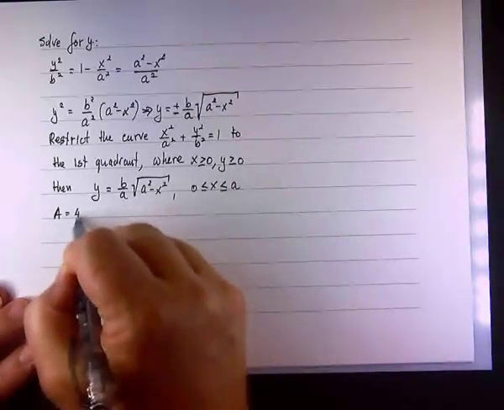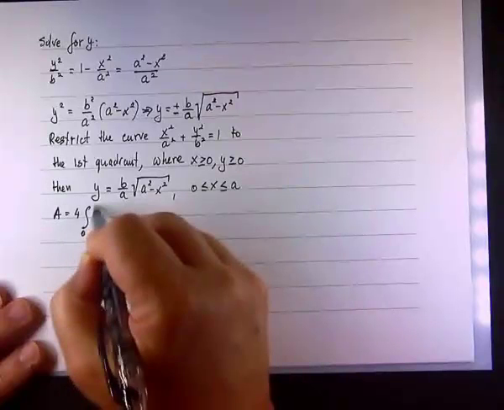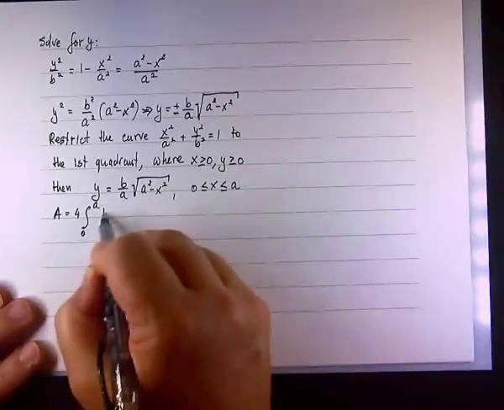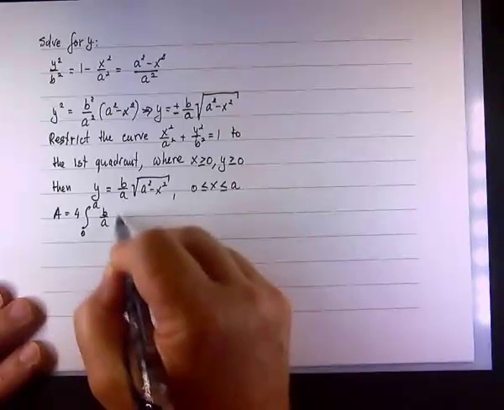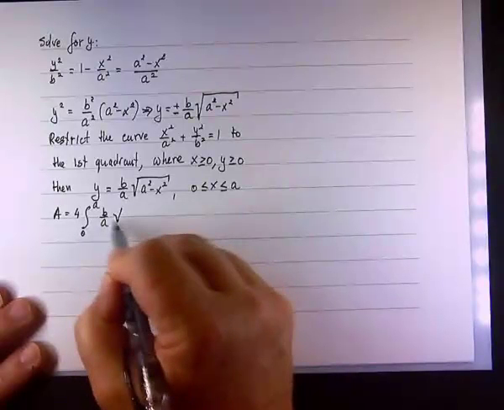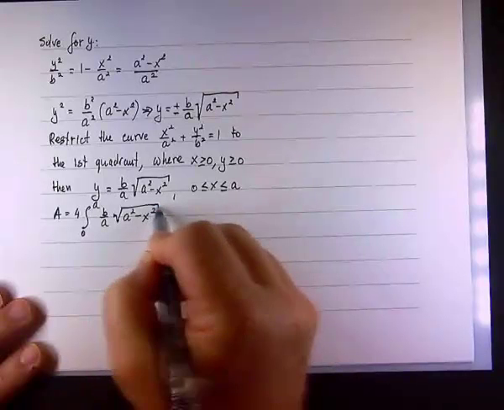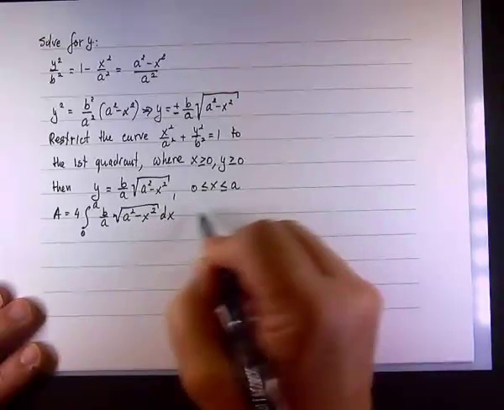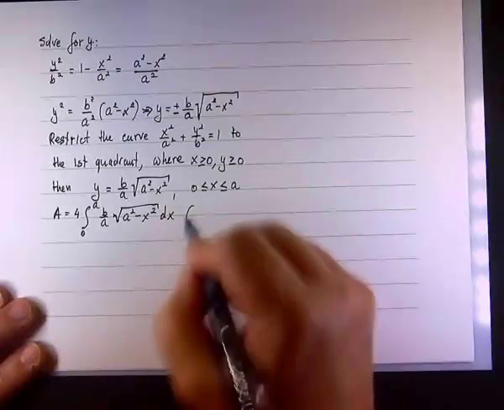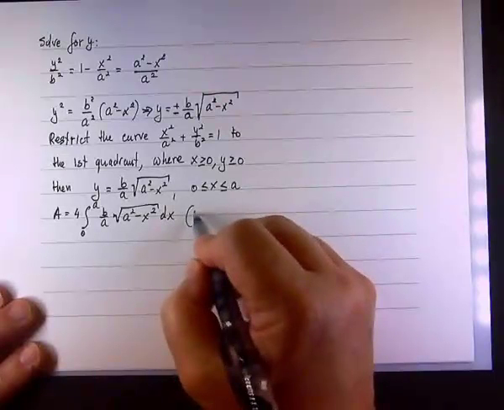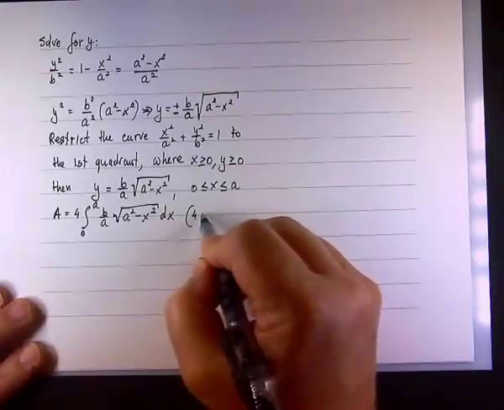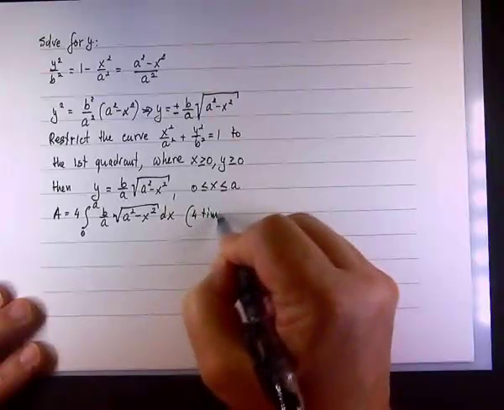Okay? So the area will be 4 times the integral from 0 to a of this curve, b over a times the square root of a squared minus x squared dx.